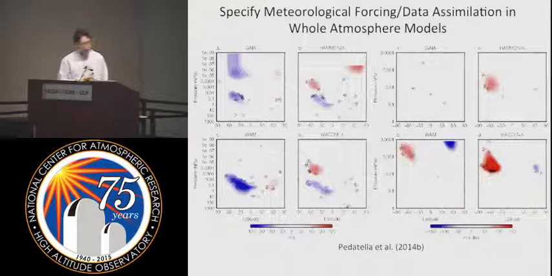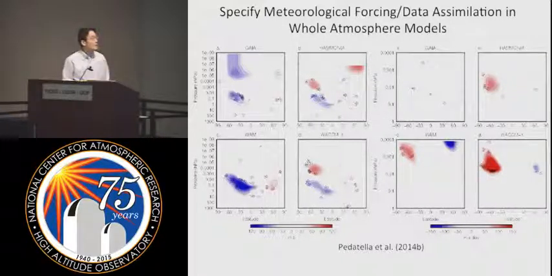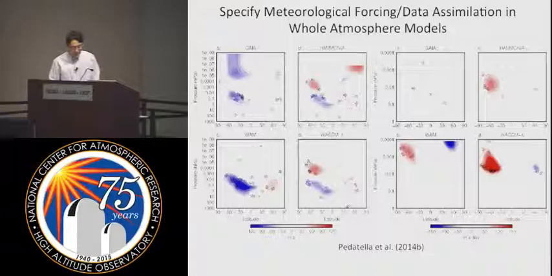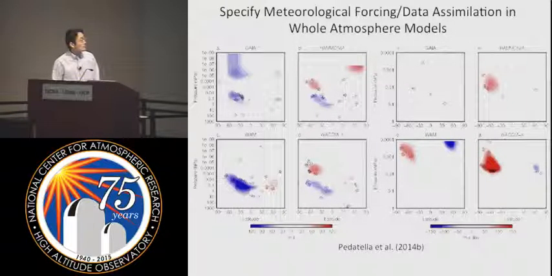And this is again for the 2009 January-February time period. In the models, the lower atmosphere up to the middle stratosphere is either constrained by reanalysis or data assimilated. So the lower atmosphere is almost identical up to the stratosphere.